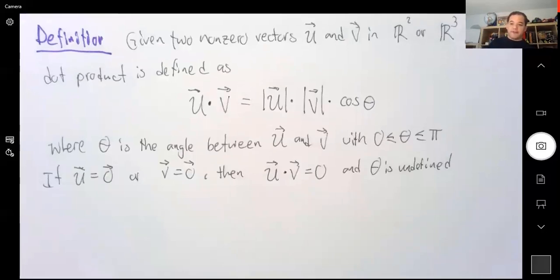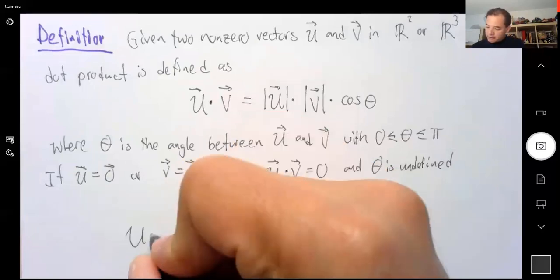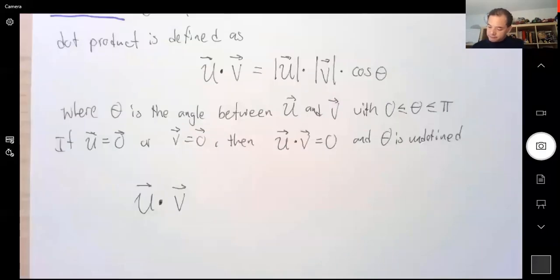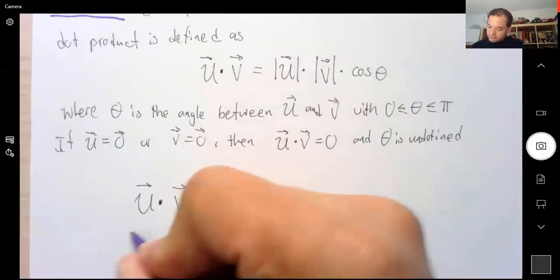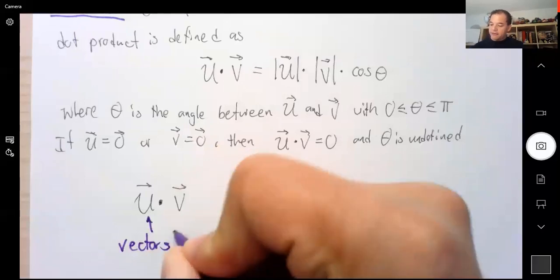The first very, very important point to note is that this is an operation that takes two vectors, right? So notice this. We have u dot v, and this guy is a vector, and that one is a vector too.